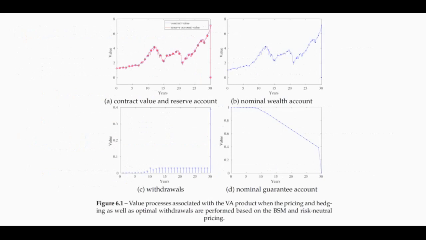Here's the first situation where both parties assume the Black-Scholes model. As you can see, we have two curves here. The first is the contract value function in blue, and the reserve account function in red. The reserve account is the account maintained by the insurance company to pay for any cash flows required by the policy.